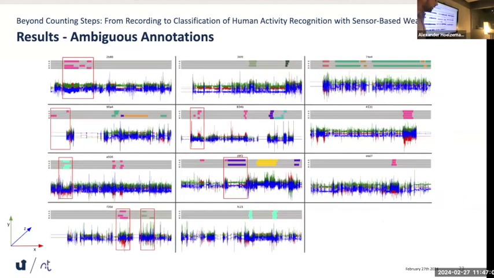This is something that we were able to see in almost every participant except a few, for example this one at the bottom, FC25. There were some very coherent annotations, there were some exceptions, but mostly everybody annotated the data differently depending on the method.